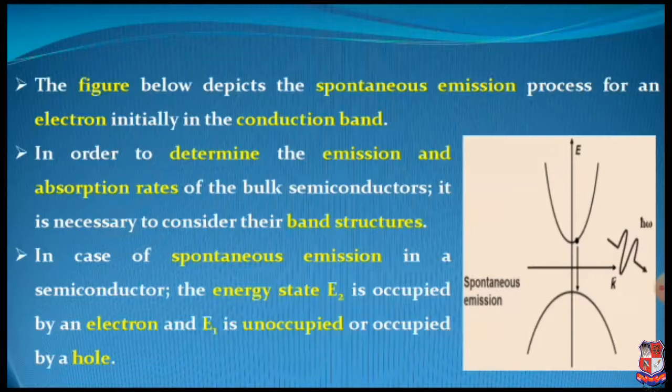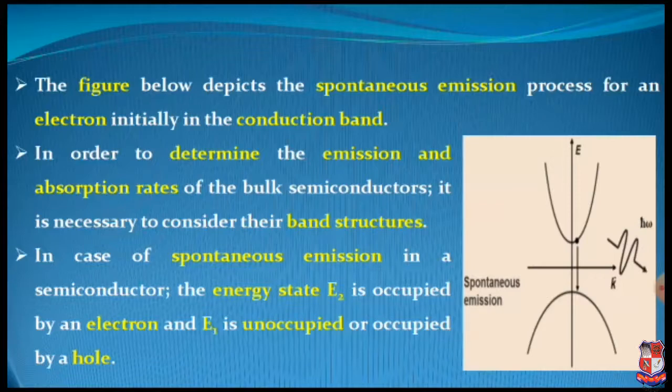Again it is the very well known E-k diagram, that means the energy wave vector diagram. The electron travels from the conduction to the valence band and emits energy equal to the photon energy h cut omega. You can either write h cut omega, or you can also write it as h nu.